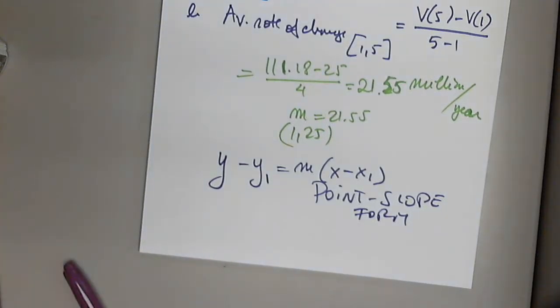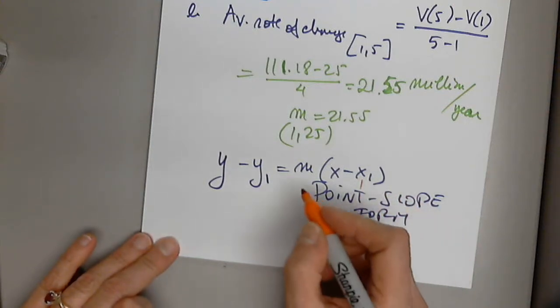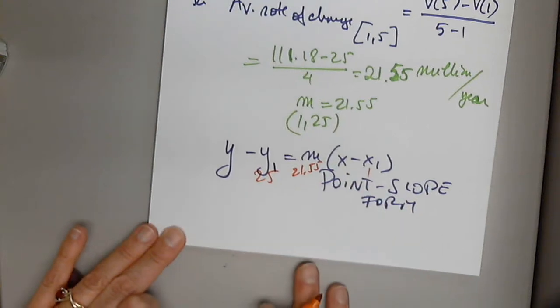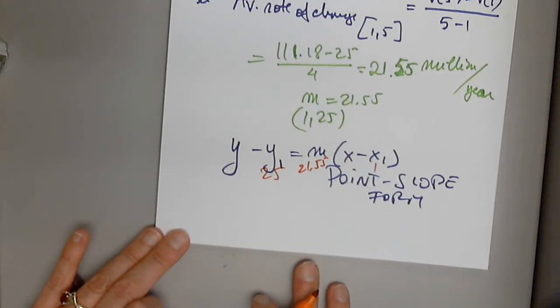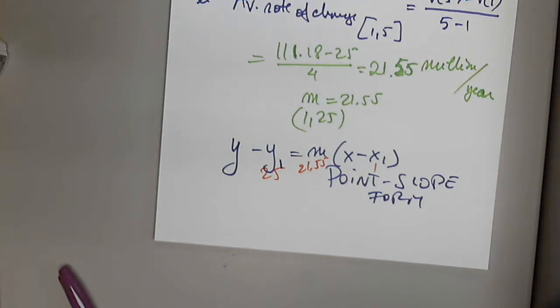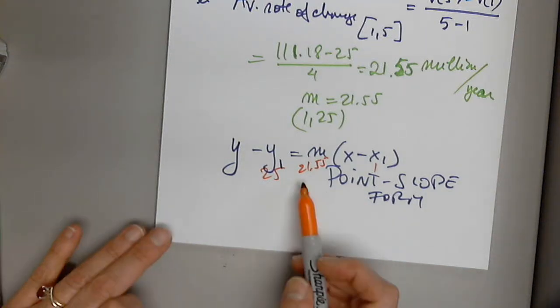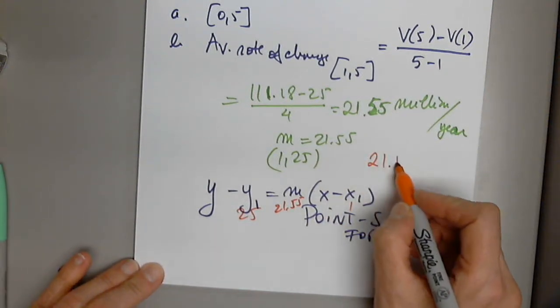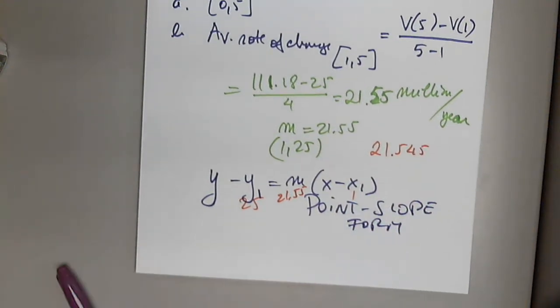So I'm using x1, 1, y1, 25, and the slope 21.55. If I use the entire number, not the approximation, I have 21.545, because we're asked to also put the equation of the line on the same coordinate system.